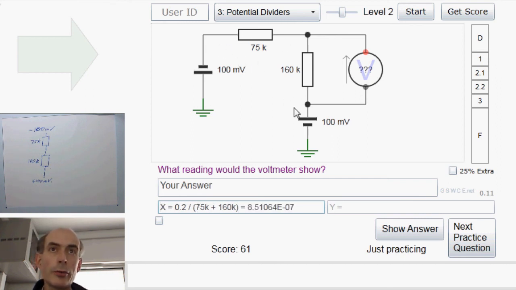If I know the current, then I know the voltage across this resistor, but bear in mind that the current is flowing this way, up through this resistor, because this is at plus 100 millivolts and this is at minus 100 millivolts, and current always flows through resistors from a high potential to a lower potential, so the current will be flowing up.